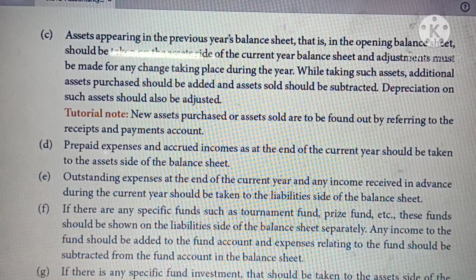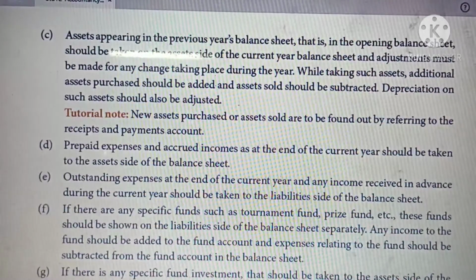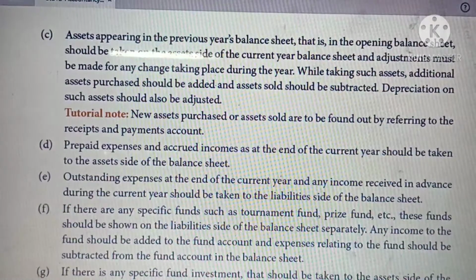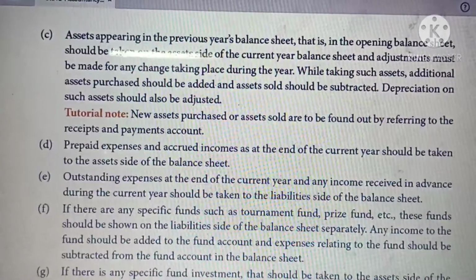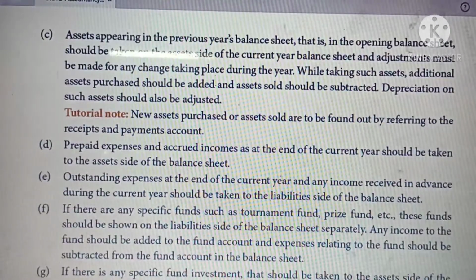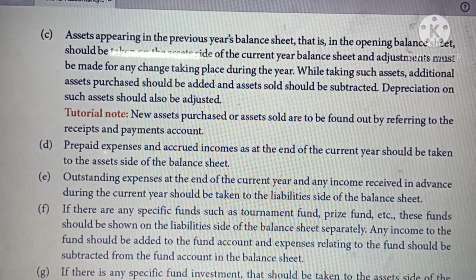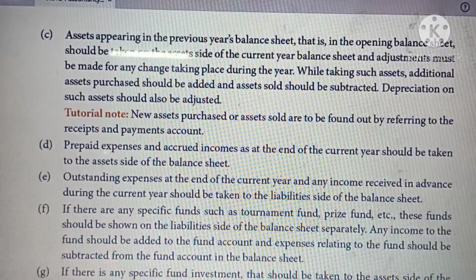If there is any new asset purchase or any sale of an asset, we must find it by referring to the receipt and payment account. If you do not refer to it, we leave out that new purchase or sale, and definitely it affects the balance sheet. So whenever you prepare the balance sheet, you must refer to the receipt and payment account for any new asset purchase or sale.